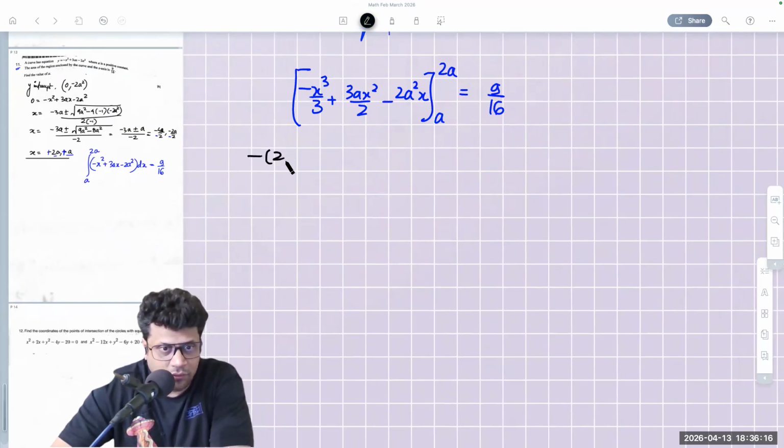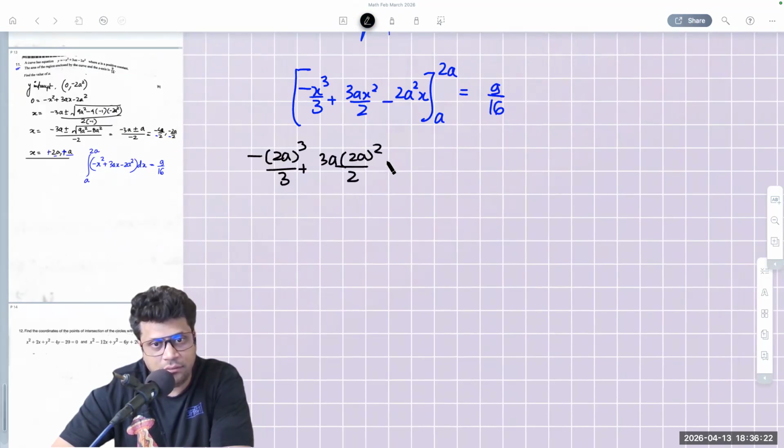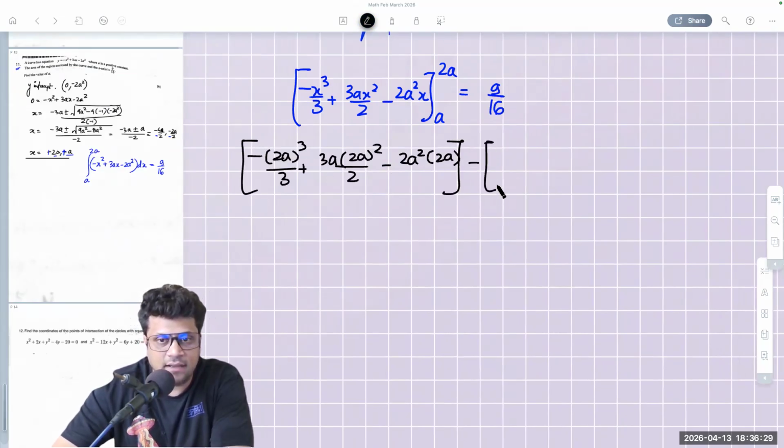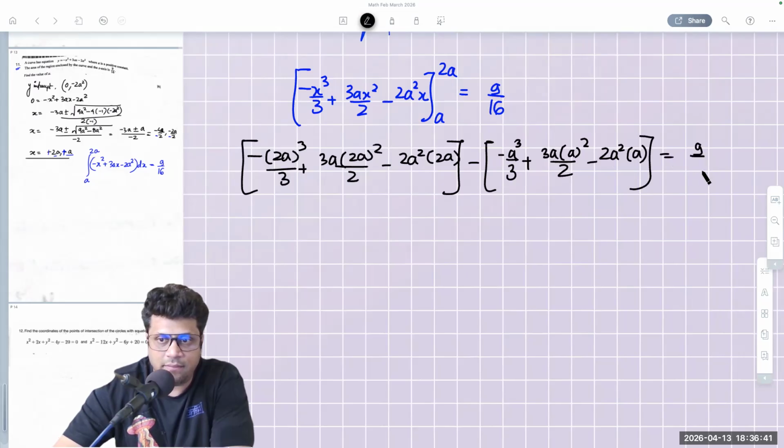So negative of (2a)³/3 plus 3a times (2a)²/2 minus 2a² times 2a, minus the negative of a³/3 plus 3a times a²/2 minus 2a² times a, should be 9/16.